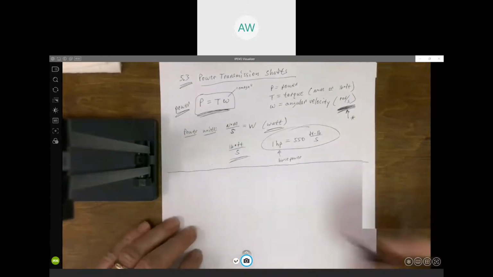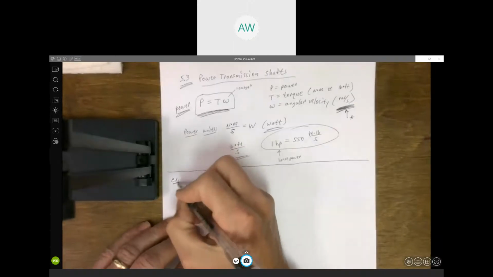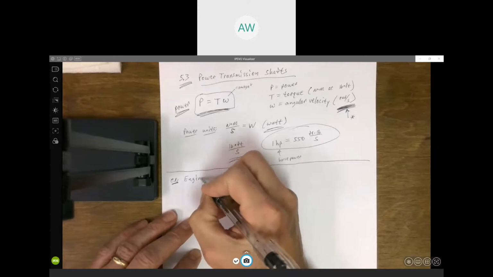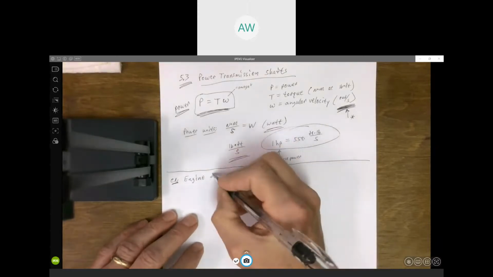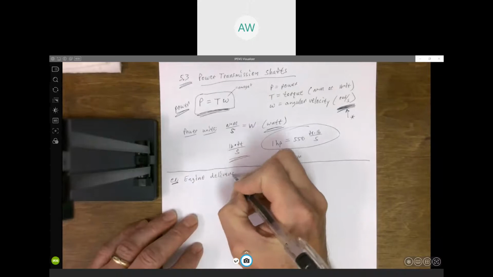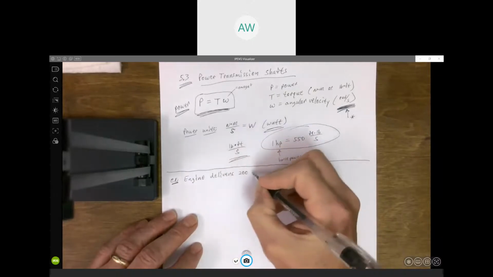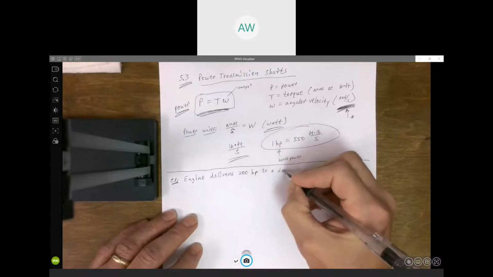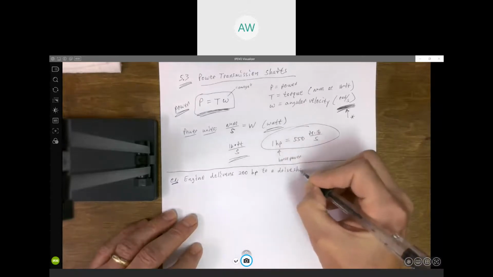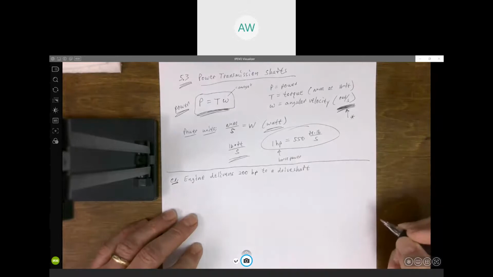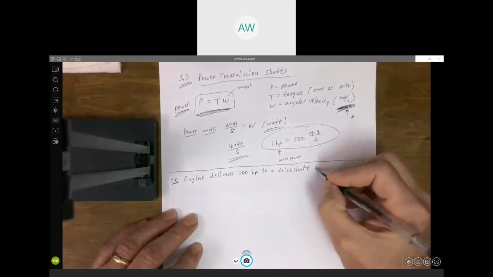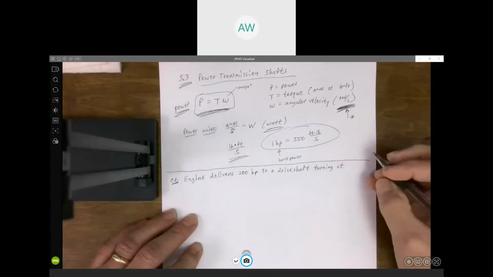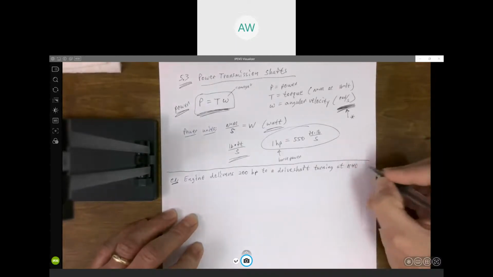All right, well then let's see if we can do this one. We are told that we've got an engine that delivers 200 horsepower to a drive shaft that's turning at 1140 RPM.